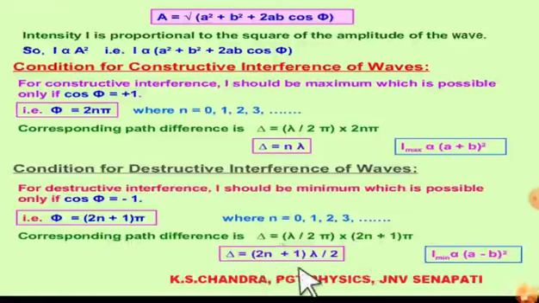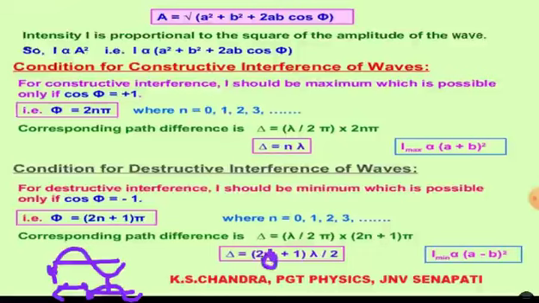So when one wave comes from here and another wave comes from here in this way, one trough and crest will be coinciding. What is the phase difference between these two? One is starting from here, another from here. The path difference is lambda by 2. If you put n equal to 0 here, then you will get lambda by 2. In that case, it starts the first mode of vibration.